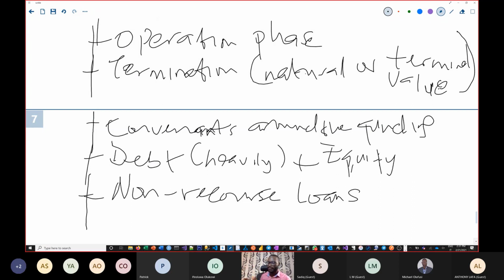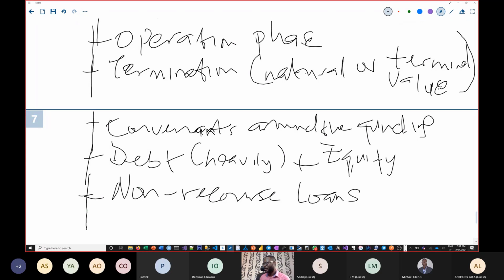So for you, the operator or the initiator of that project, you are doing it off balance sheet. You're not tying it to your company's balance sheet anymore. You're separating the liabilities. And for the bank, it's a non-recourse loan. They cannot hold anything outside of the project.